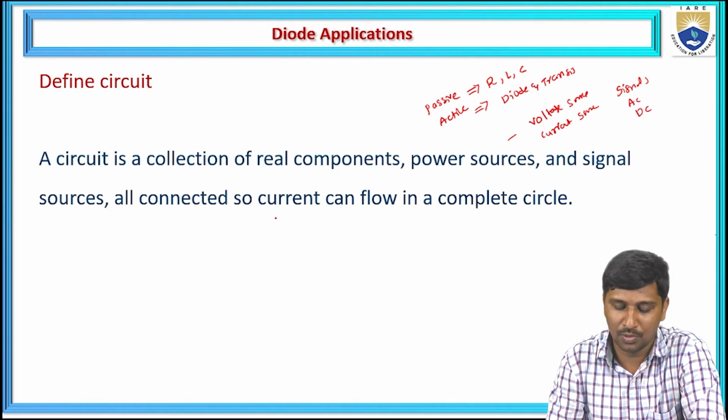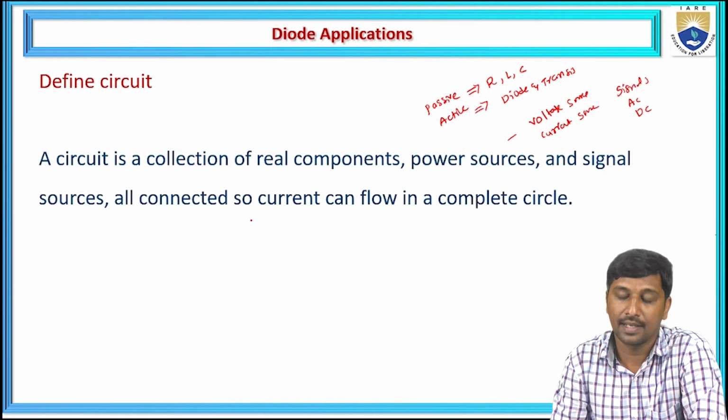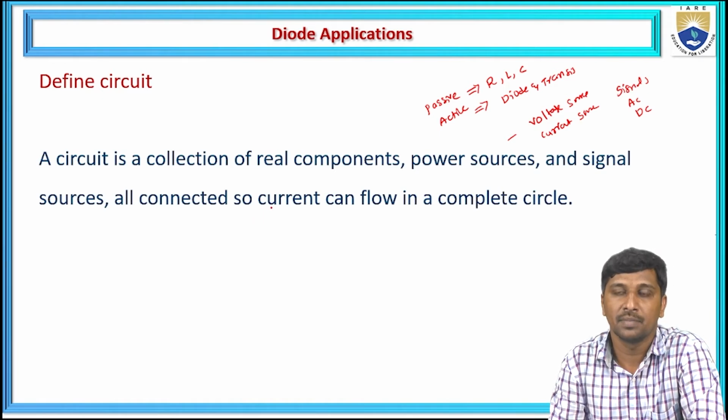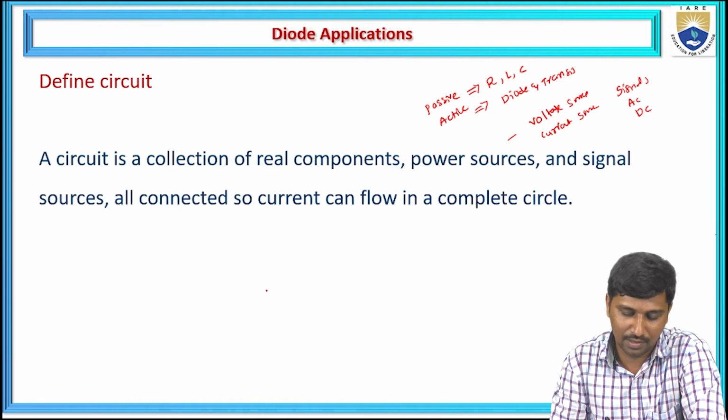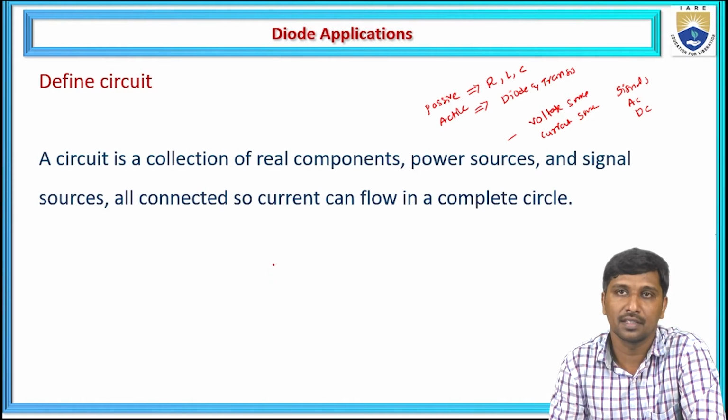All are connected so the current can flow in a complete circle. We need to make the circuit in a closed path. Whenever the circuit is in a closed path, only then is the current flowing from one node to another node.